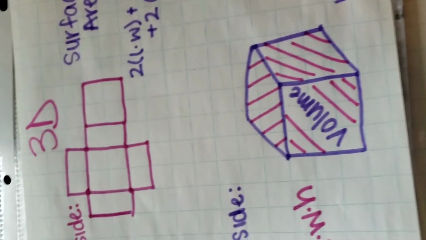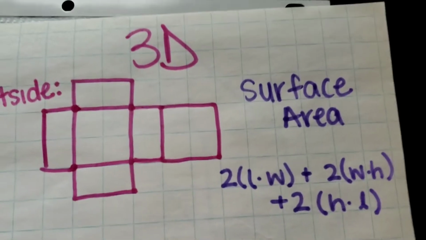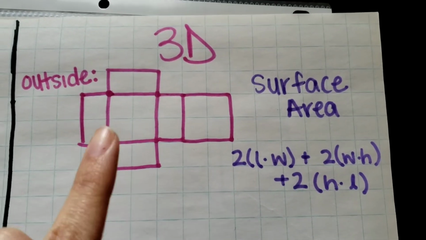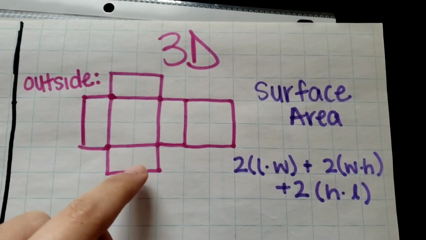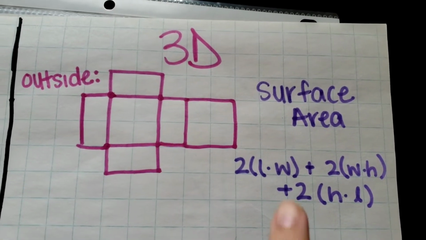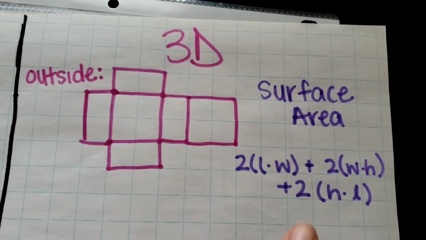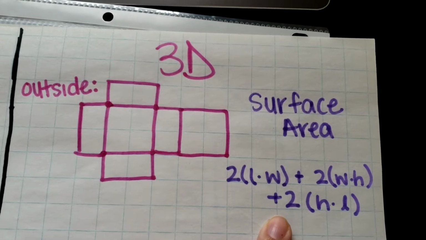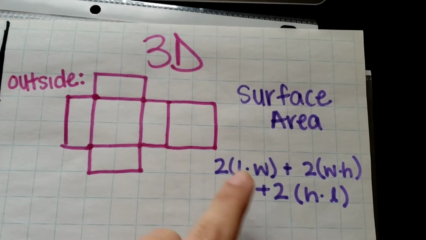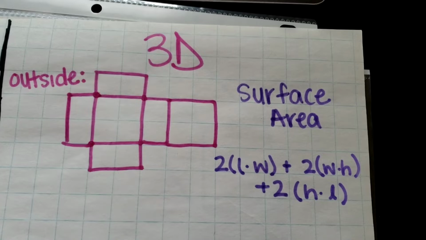For 3-dimensional figures in the classroom, we discussed finding the surface area for each of the individual shapes to add them all up. This was the cheat code that we came up with as a class for each face.